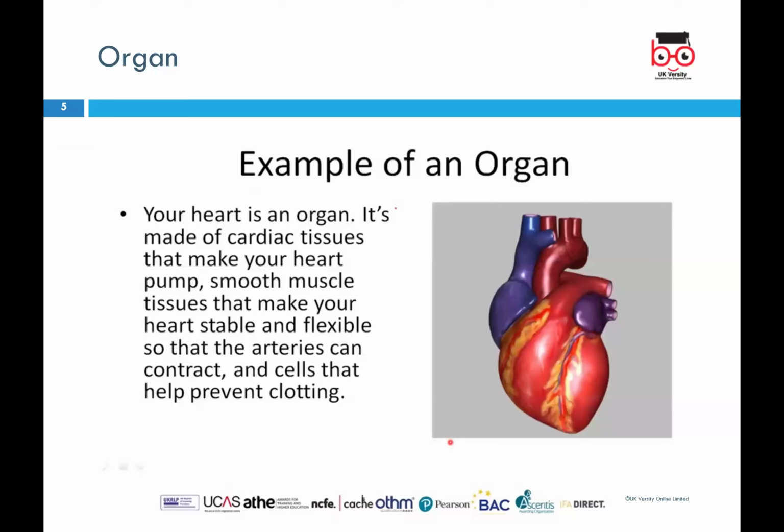So contraction means it expels out all the blood from these arteries and these veins. So blue are veins, red are arteries. So blood that comes inside here comes through the veins, okay, and it goes out through the arteries.